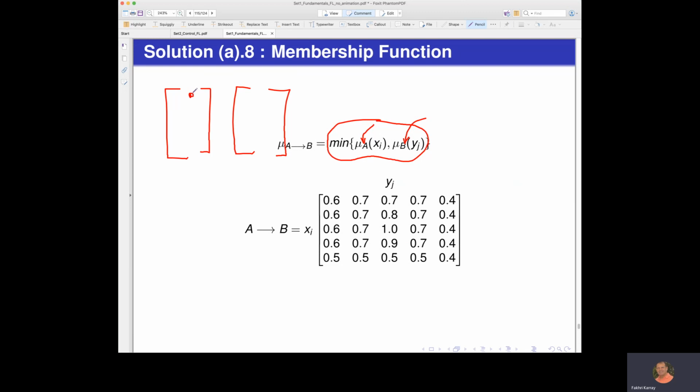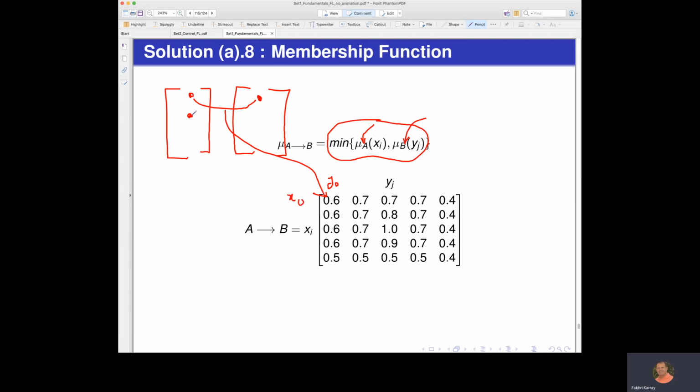So this is x1 and y1. Actually, this is y0, so let's start with y0, and this is x0.